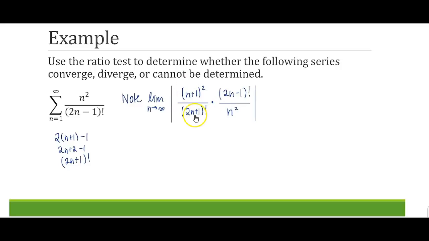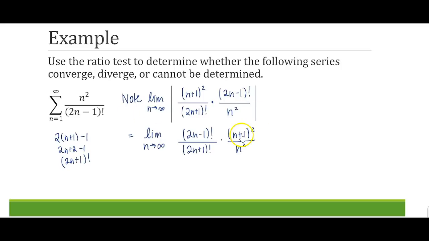Evaluating this limit, in this case it doesn't really matter, but I'm going to switch the numerators. So I'm going to use the commutative property. So the limit as n approaches infinity, I will drop the absolute value bars. So I'm going to have 2n minus 1 factorial over 2n plus 1 factorial times n plus 1 squared over n squared.